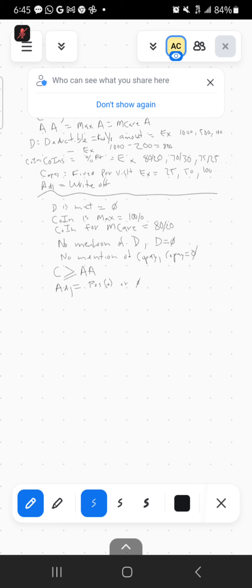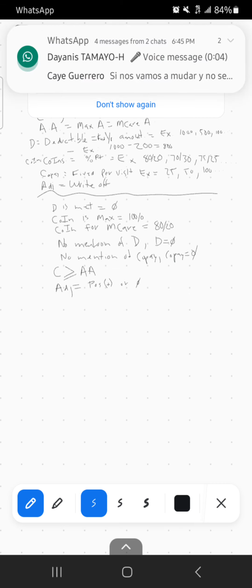Charges can be whatever they want, but they have to be either the same or bigger than the allowed amount.